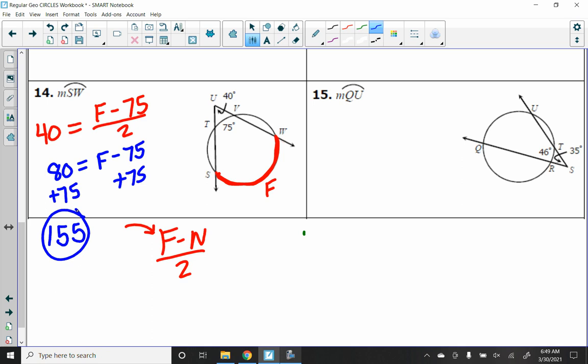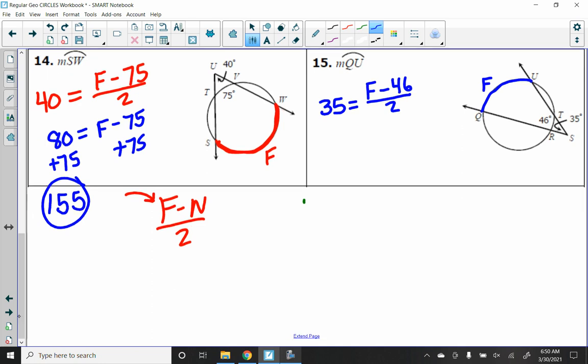Okay, another one with another far. I wish I would have copied a near. So that's going to go in the F spot. 35 is the angle. Far minus near divided by 2. And the math is exactly like the one on number 14.